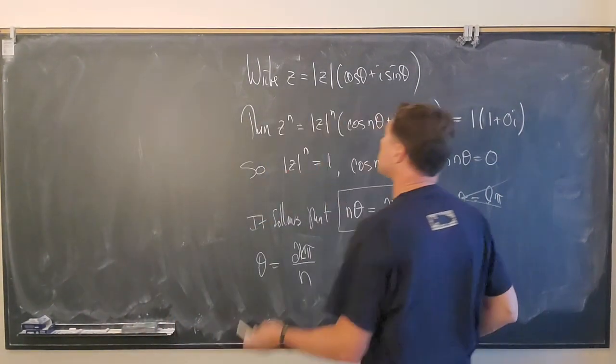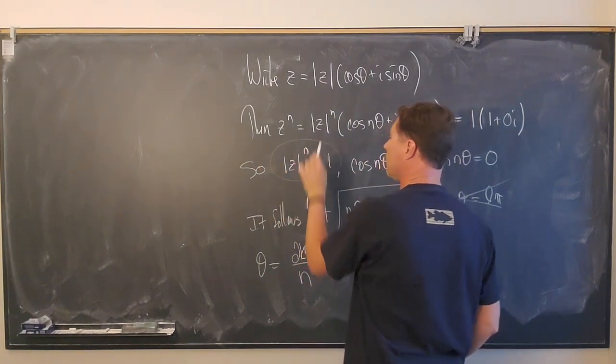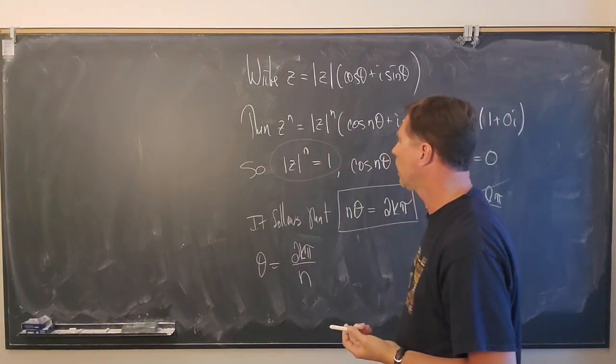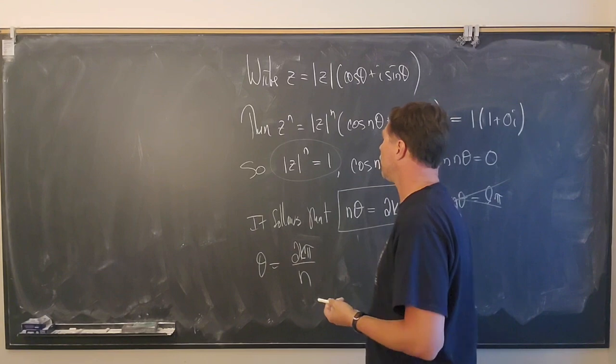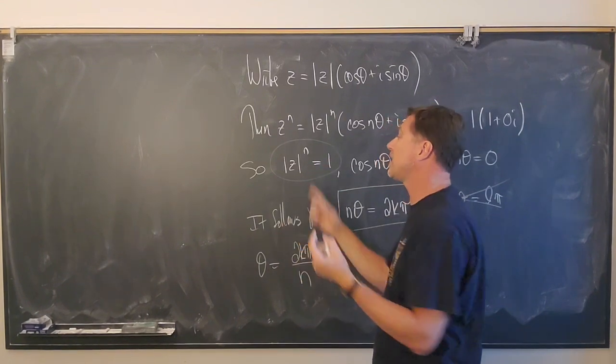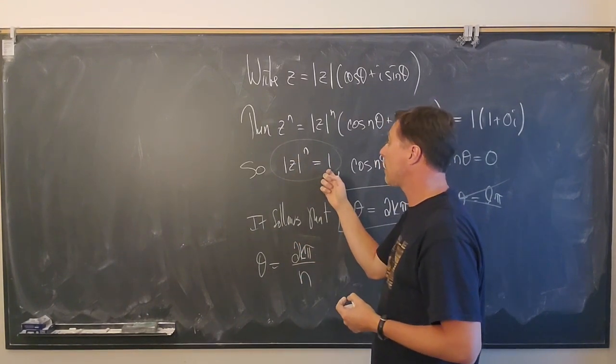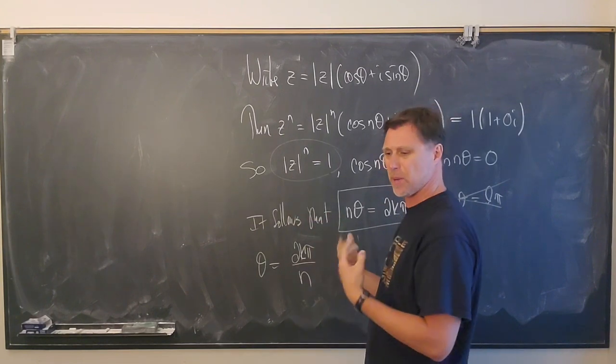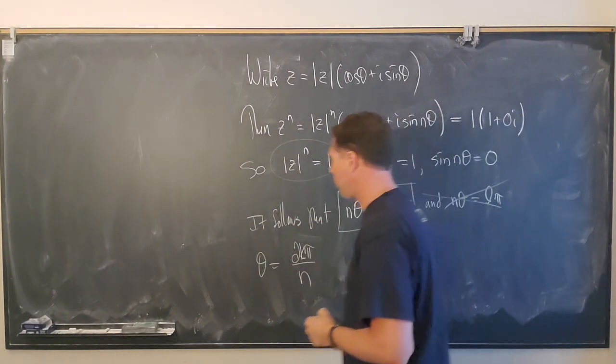Okay, so if the modulus of z raised to the nth power is equal to 1, that tells us that the modulus, because it's a positive number, has to equal 1.